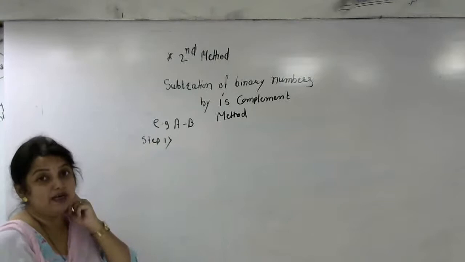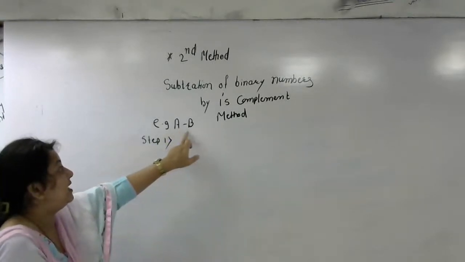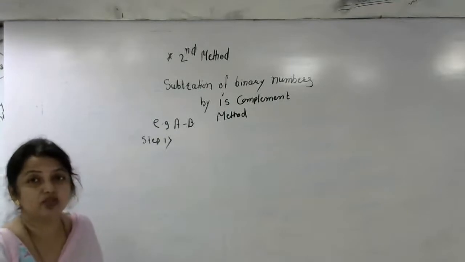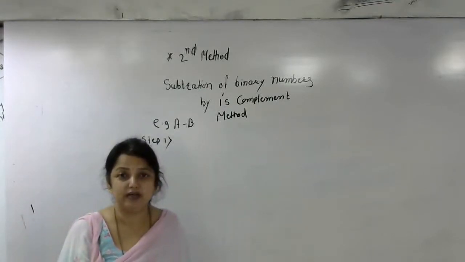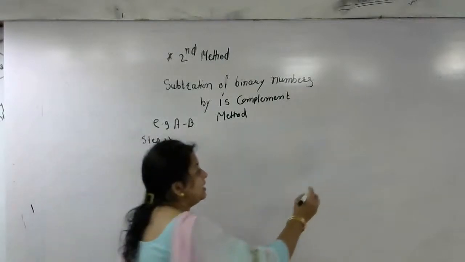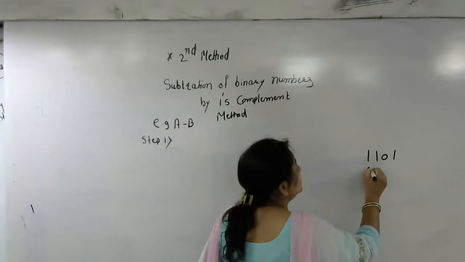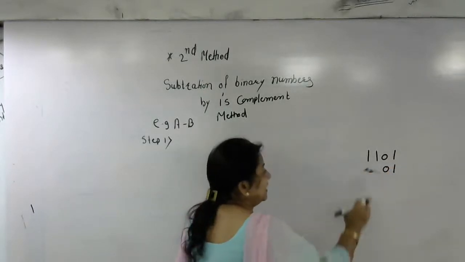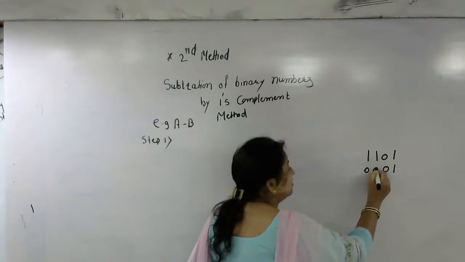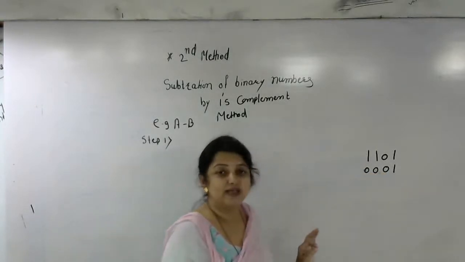Remember one important thing: you have to make equal bits of A and B. Suppose, for example, A is a 4-bit number and B is a 3-bit number. Suppose A is 1101 and B is 001. At that time you may add zeros on the left, because zeros on the left-hand side are not significant.